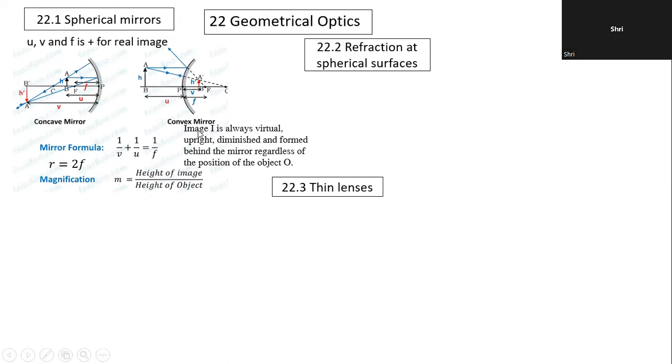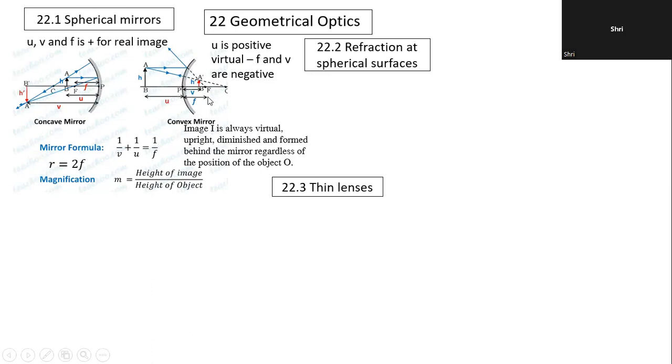For convex, image I is always virtual. Upright, right? Always upright. Diminished, always smaller, and formed behind the mirror regardless of the position. Right? For this one, convex mirror. So if your U is here, is positive, and then since the image is virtual, V and F is negative.